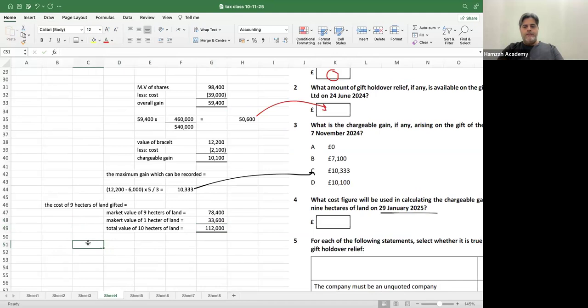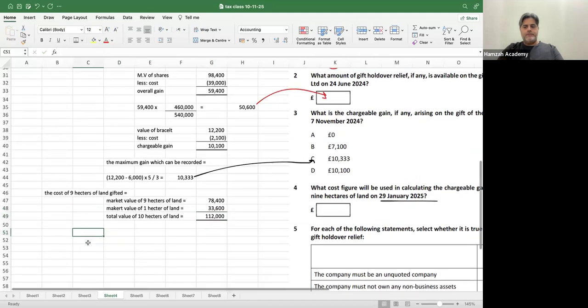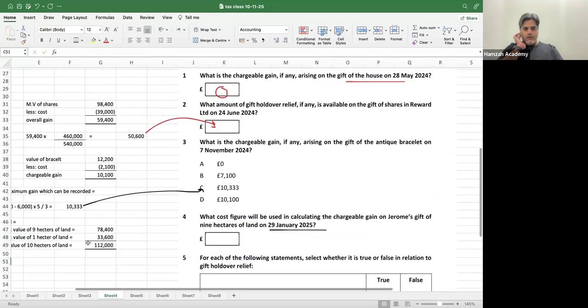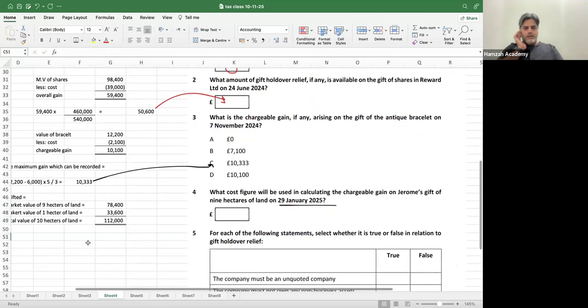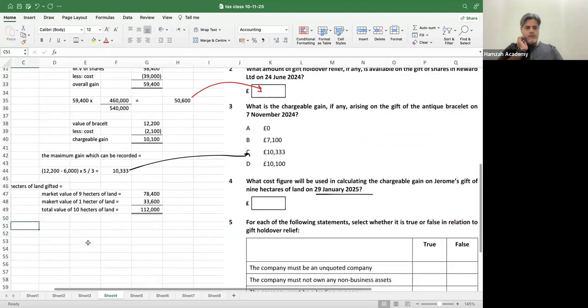Now, the part disposal is going to be A over A plus B. That is what we have to do here.